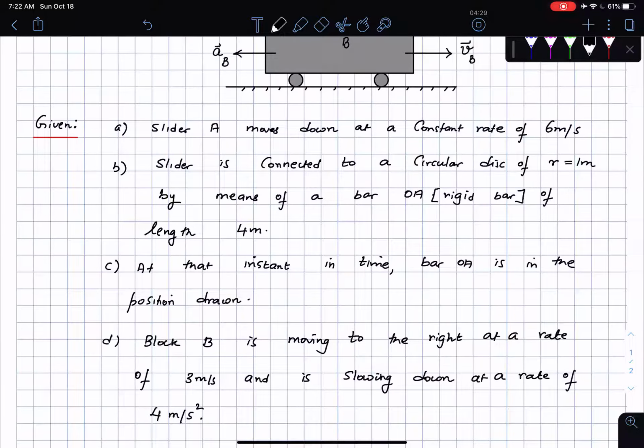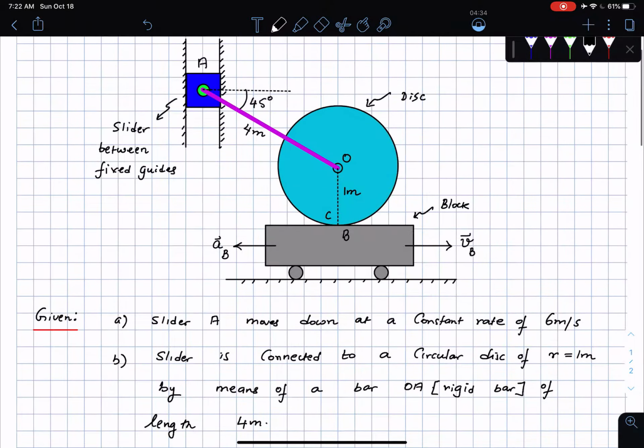Okay, so you're given the velocity of the block. As you can see, the velocity of the block is given to us as 3 meters per second.